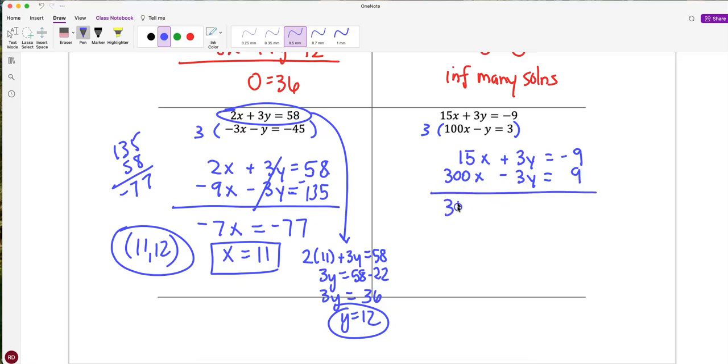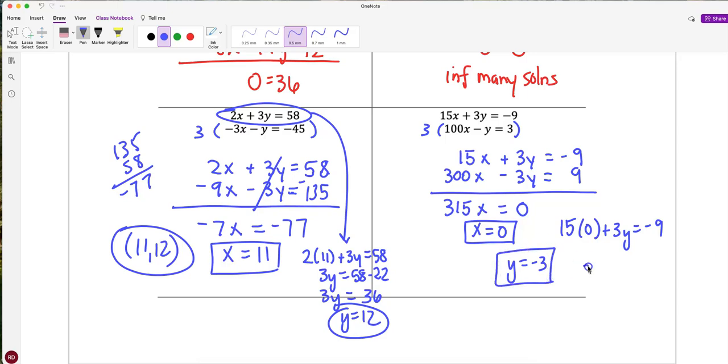Add together: 315x equals 0, so x is 0. If x is 0, go back to either equation. 15 times 0 plus 3y equals negative 9. That means that y is equal to negative 3. So the point 0, negative 3 is my solution.